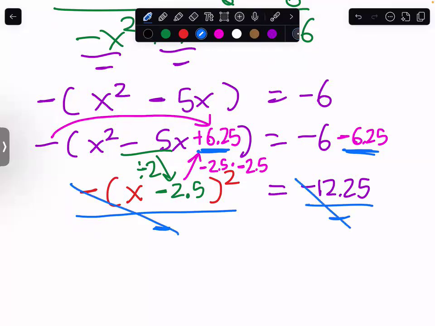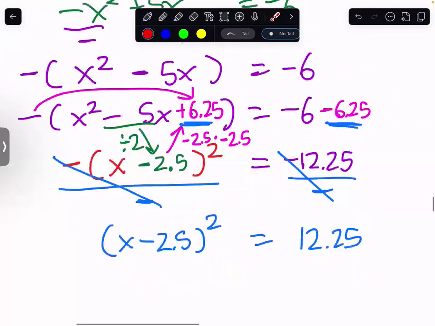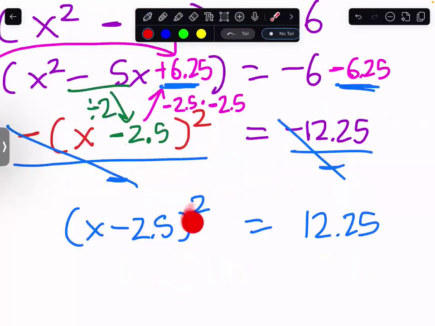Okay, so we get parentheses x minus 2.5 squared equals positive 12.25. Remember, we can't undo the minus 2.5 yet because it's protected by the parentheses squared. So to get rid of the squared, we do the opposite, which is square root.